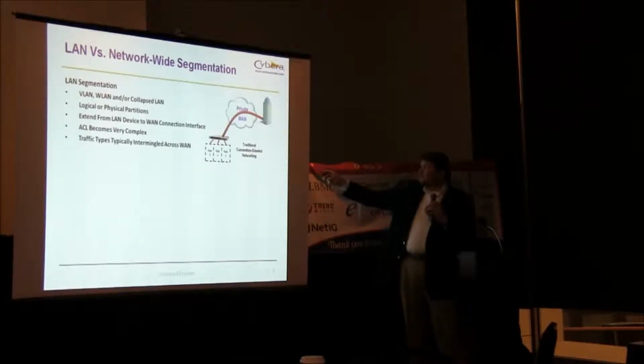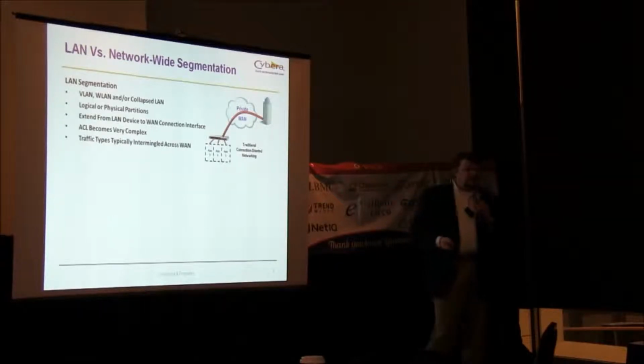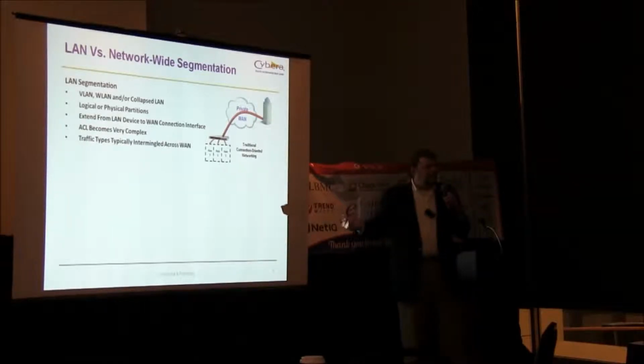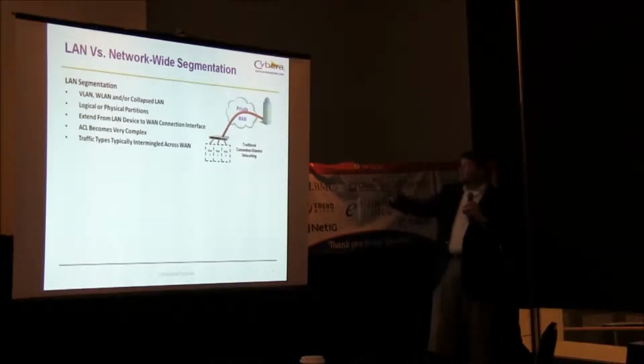Traffic types are typically intermingled over this, all right? And this has broad and profound effects. If LAN segmentation basically stops here and there is no WAN segmentation, really what's the purpose of the segmentation to begin with? It doesn't accomplish that much at all.